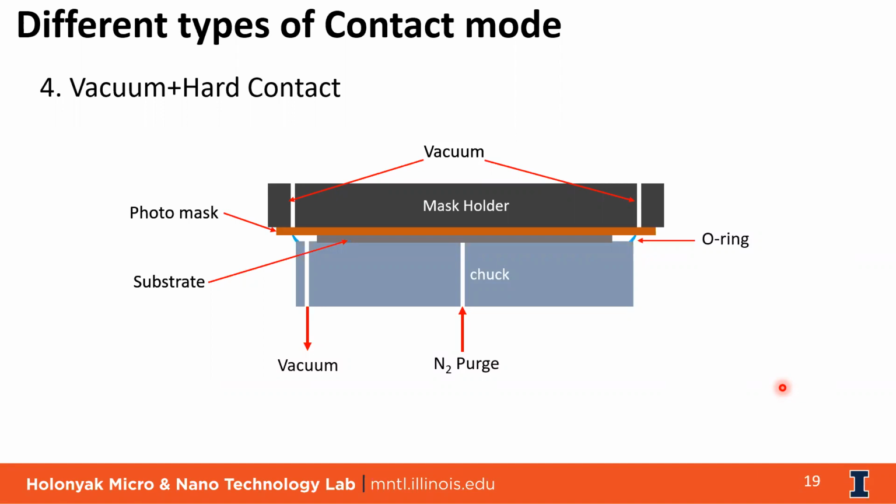But when you do it for a long period of time, you may end up damaging your photomask. So if you're worried about your photomask being damaged, you can go ahead and use the vacuum contact. In this vacuum contact, you'll get a very good print, but you don't apply much force between your photomask and the wafer.